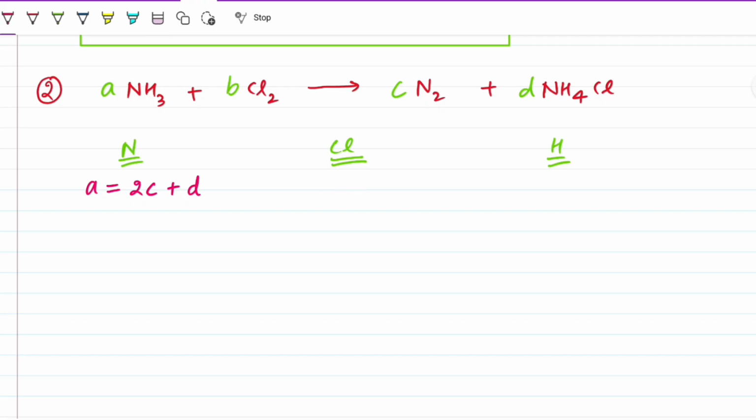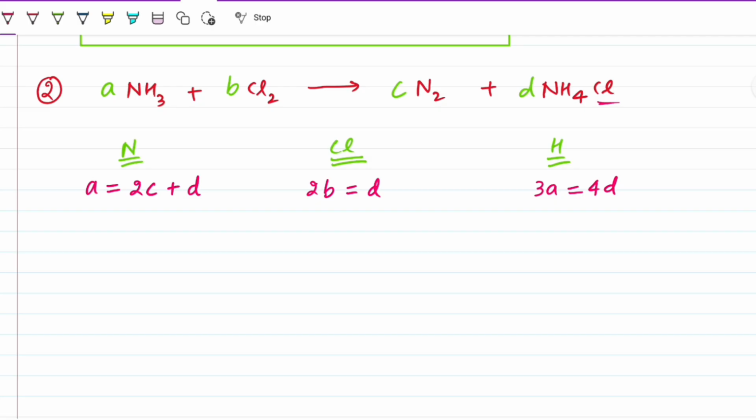We have Cl2, so 2B is equal to NH4Cl, only 1D, so 2B equals D. With respect to hydrogen, in NH3, 3 into A, 3A is equal to 4D. These are the equations that we have.